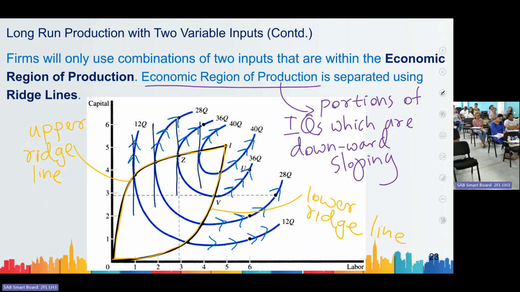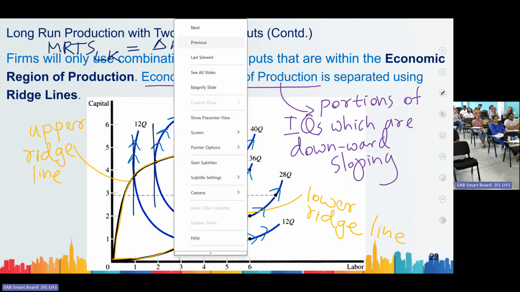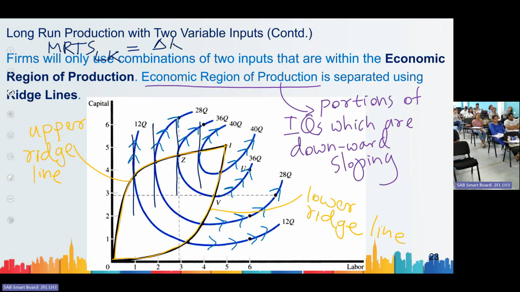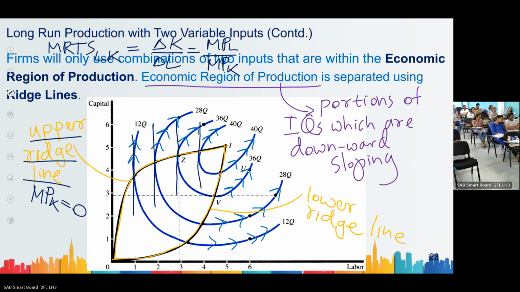What is the slope of an isoquant? Marginal rate of technical substitution of L for K. We can measure it by dividing delta K over delta L, or else MPL over MPK. We draw the upper ridge line by combining the points where marginal product of capital is 0.